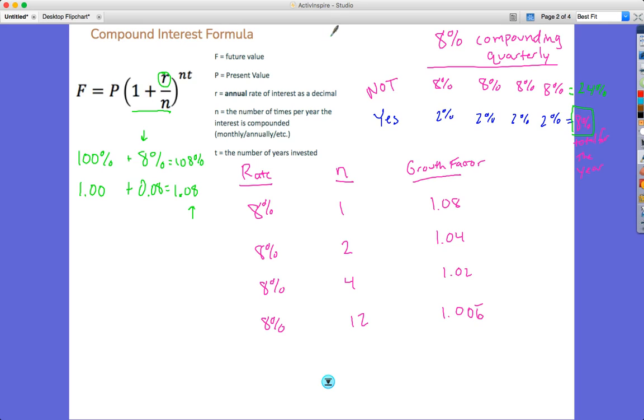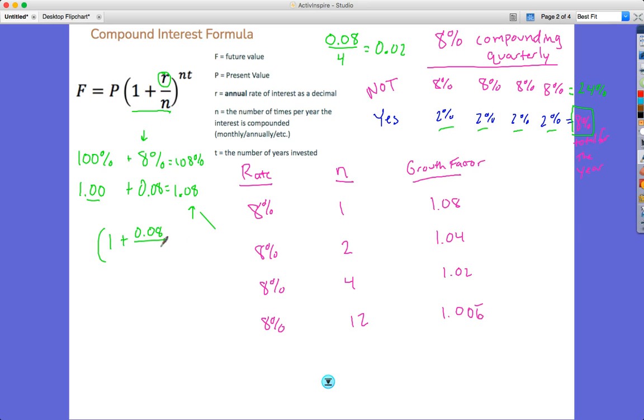So how would you do that? You would take the 8% and divide it by 4 because it's happening 4 times a year. That means we'd give 2% each time. 2%, 2%, 2%, 2%. Right? And that's what happens right here. It says the 1, which is the 100%, then add the rate, which is the 8%, and then divide by the number of times it happens each year.